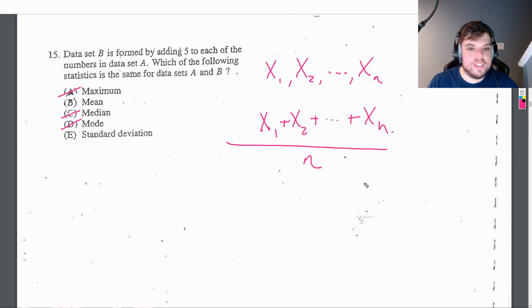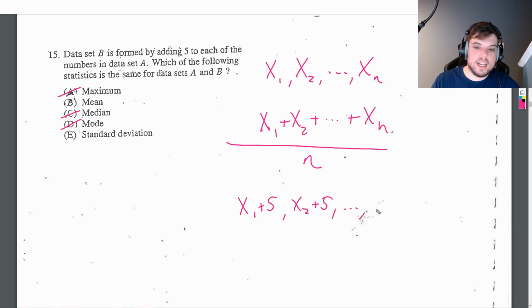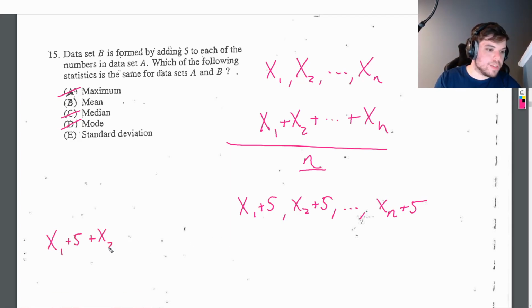If we add 5 to everything, well, then our data points are going to be x1 plus 5, x2 plus 5, yada yada yada, xn plus 5. N is still n.